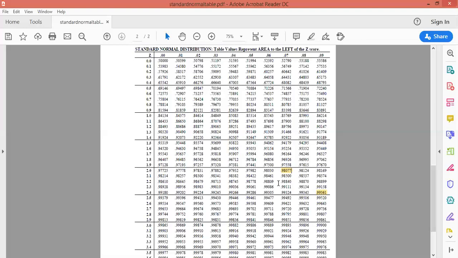Similarly, for the other value, that is D2, if it is area under normal curve for single tail, the corresponding value will be 0.48077. And to that, if you add 0.5, it will get converted into cumulative area 0.98077. I hope you could learn how to read the table for area under normal curve.